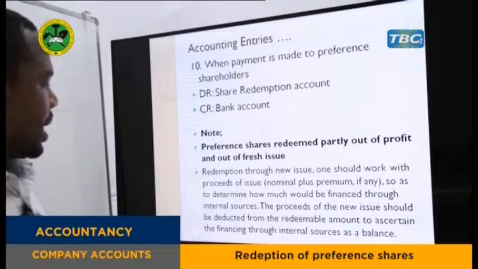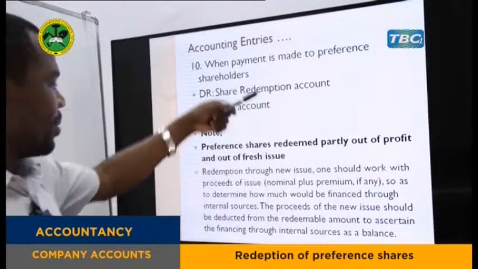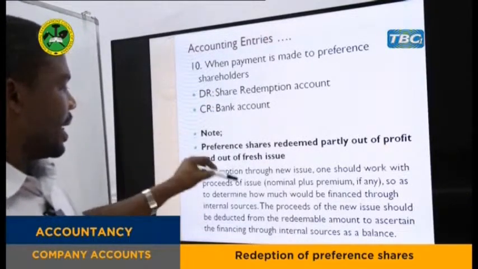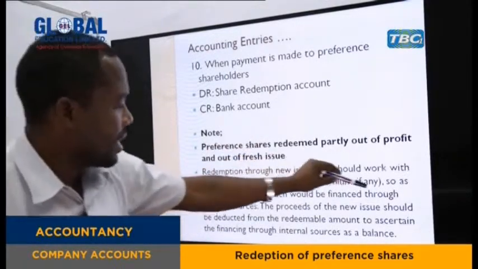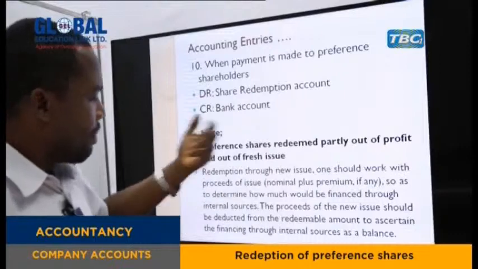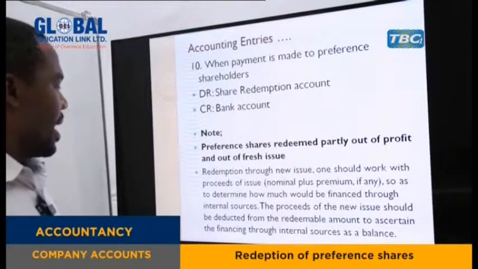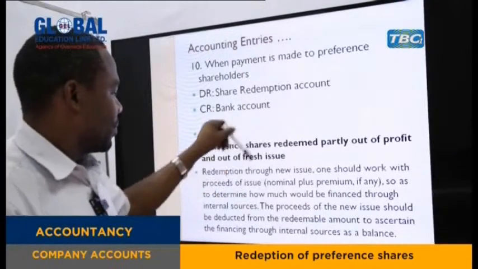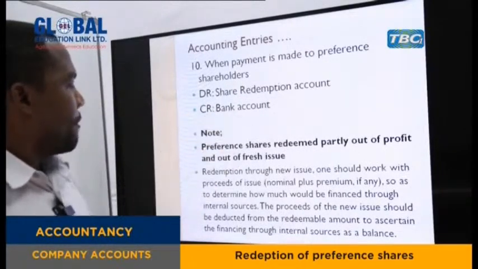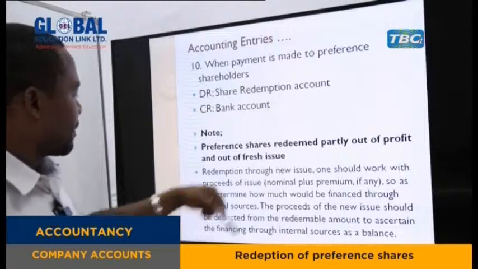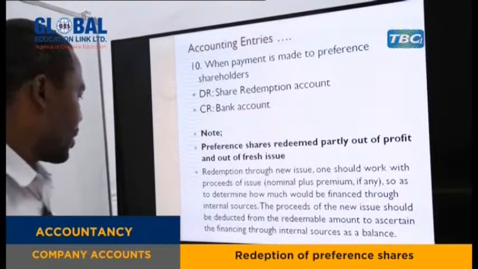So the total amount received from outside for the shares issued will be the total nominal share issued plus the premium, if any. That amount is deducted from the amount required to pay the preference shares, and then the balance goes to the internal sources.